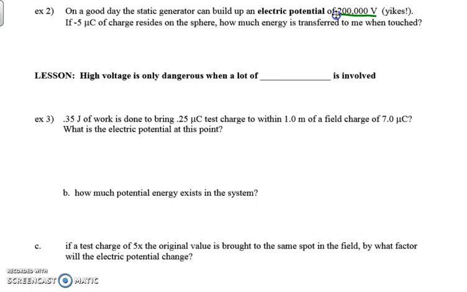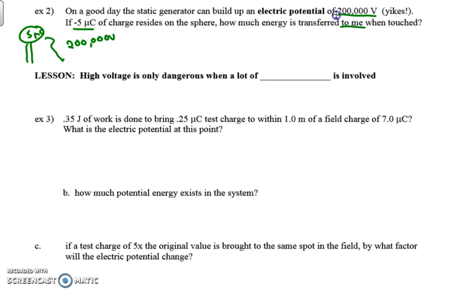So let's say we put 5 microcoulombs on a sphere. So how much energy is transferred to me when I touch it? If this is the static generator, and there are 5 microcoulombs on there, forget about the negative right now, that's not really relevant, and it touches me, they're going to transfer across a 200,000 volt potential.